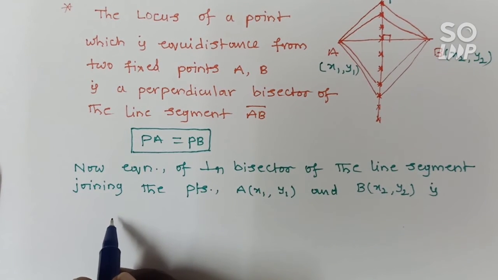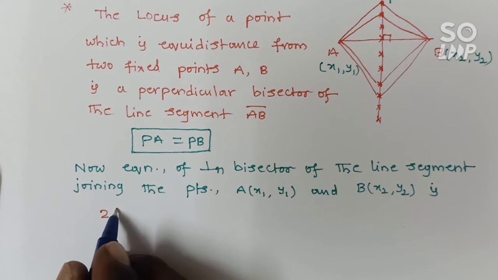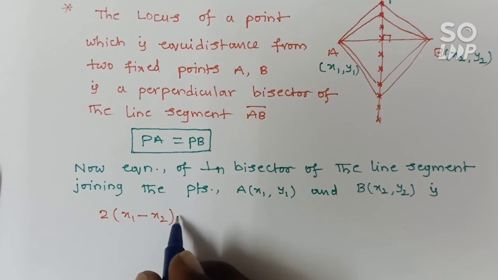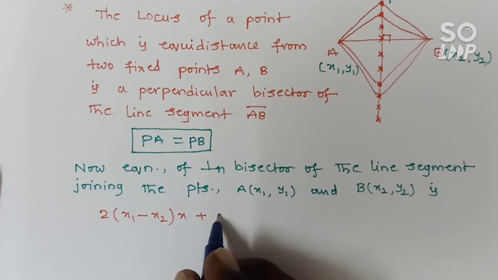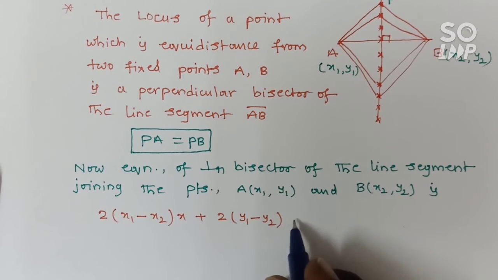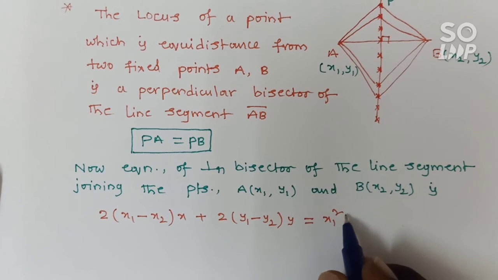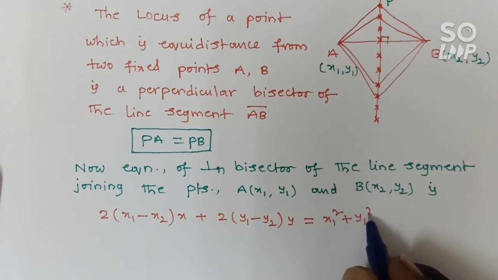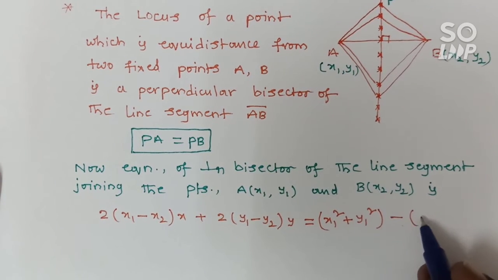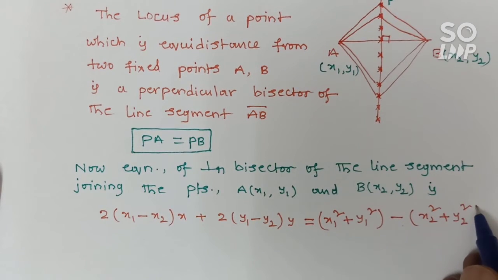The formula is 2 into (x1 minus x2) into x plus 2 into (y1 minus y2) into y is equal to (x1 square plus y1 square) minus (x2 square plus y2 square).